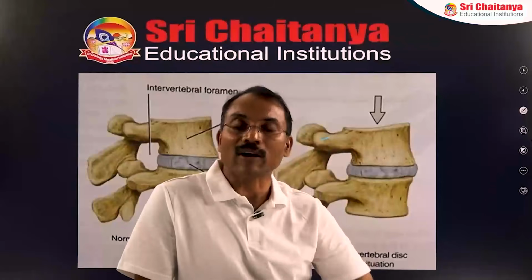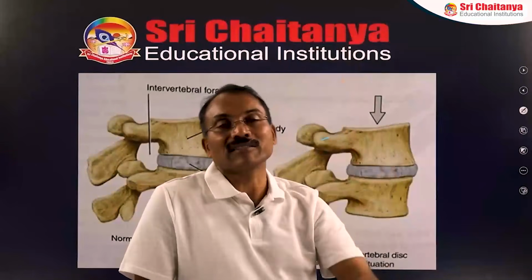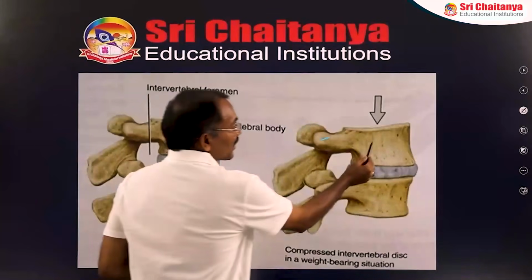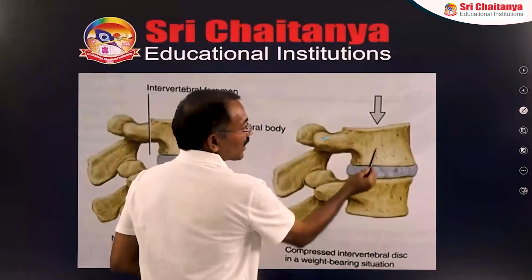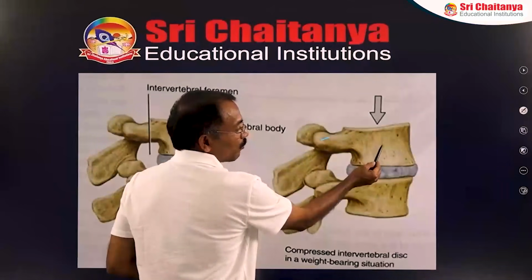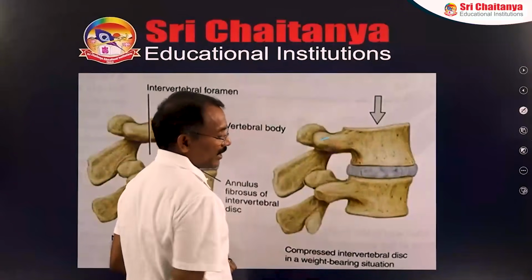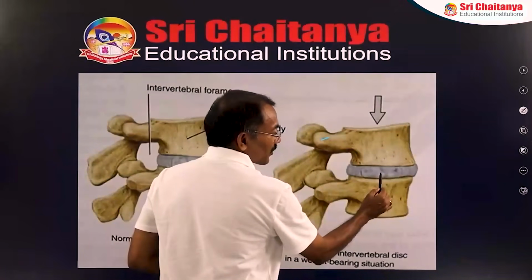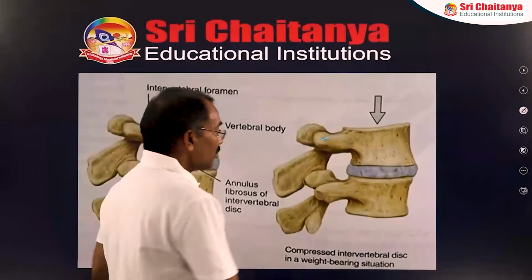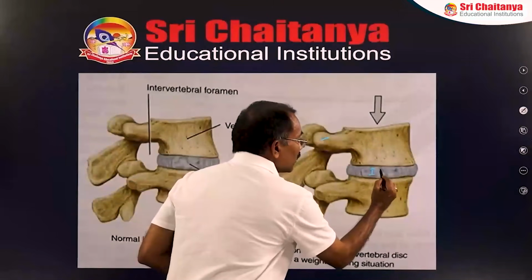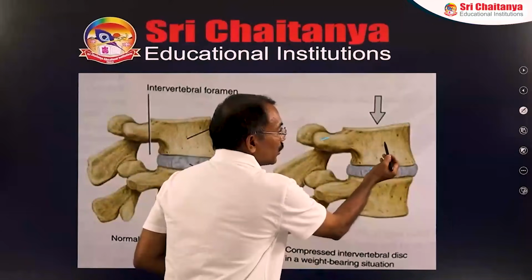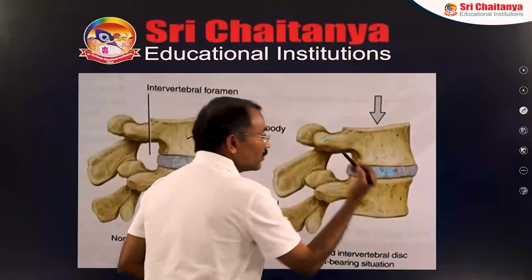Through that vertebral canal, the spinal cord passes. Between the centra of 2 successive vertebrae, there is an intervertebral disc.